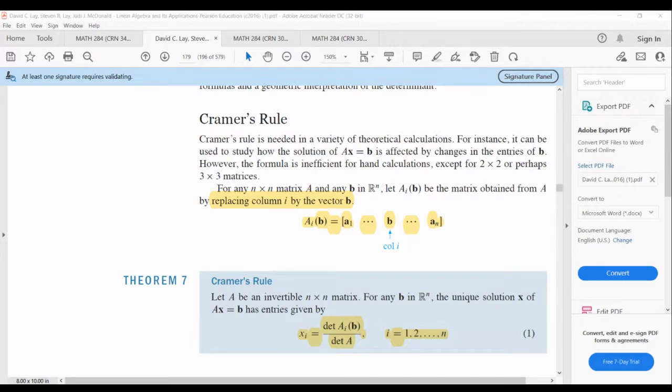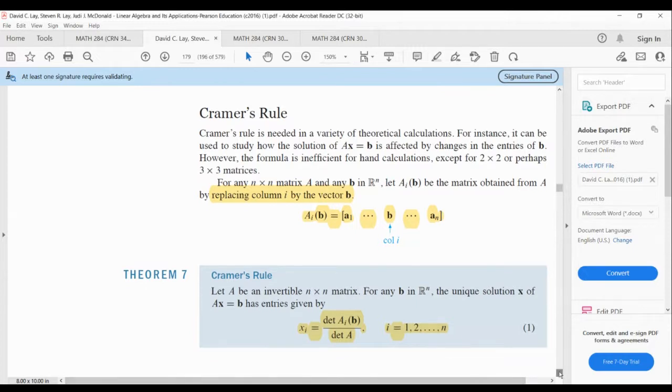Very interesting theorem. And I think it would be a good idea for us to see how it's proven. So let's look at the proof of this.